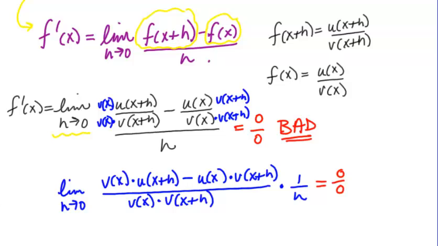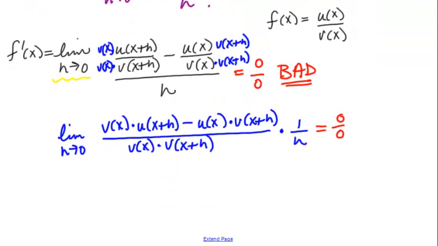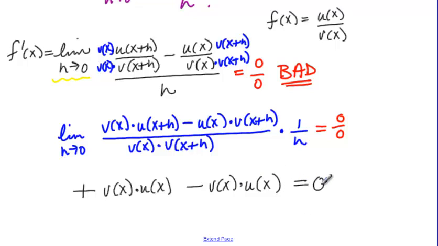What we need to do is add v of x times u of x, and then subtract exactly the same thing, v of x times u of x, because that's going to give us a net value of 0, but we're going to add this and subtract it in the numerator so that we can do some fancy stuff.